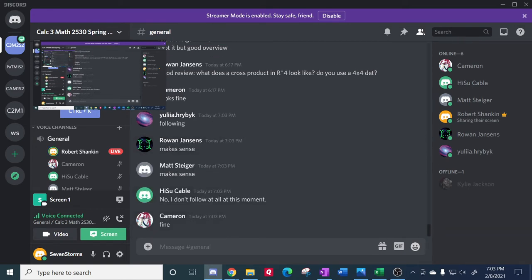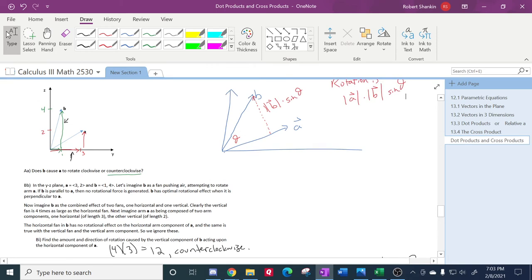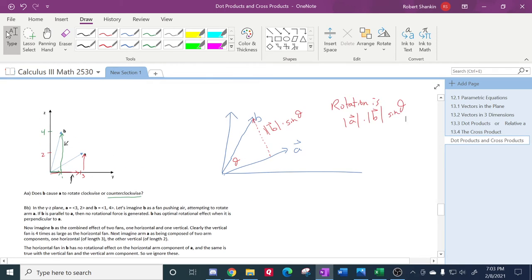Okay, so let me review it a little bit and then we'll move forward, but let's back up a little bit. Thanks for the feedback. All right, so I am taking a fan in the direction of B and trying to use it to turn this wooden plank that is, let's say, very thin wood but 4 inches wide.